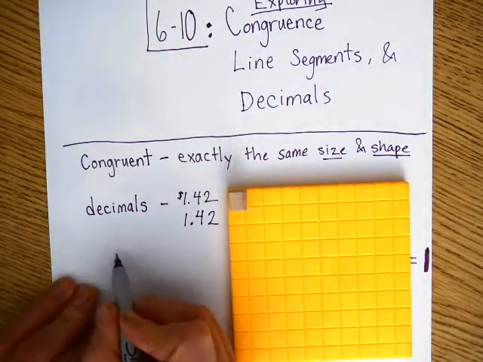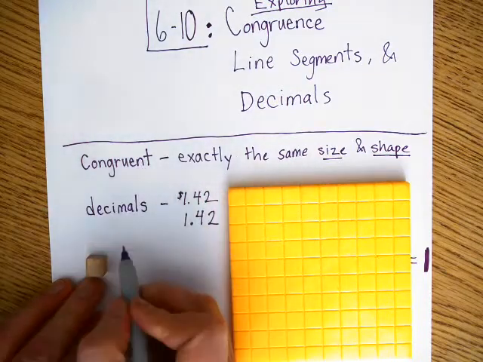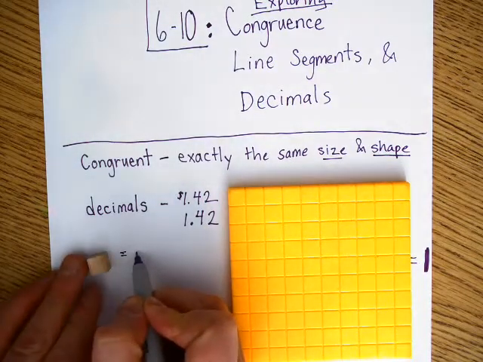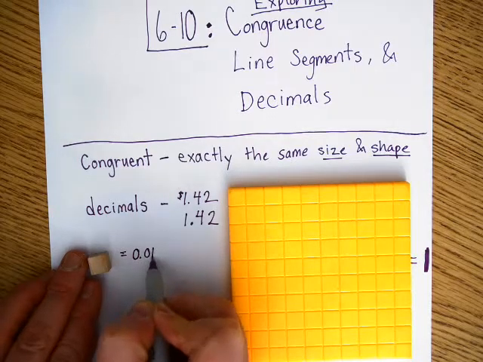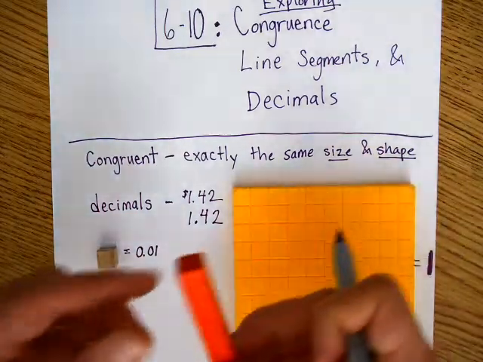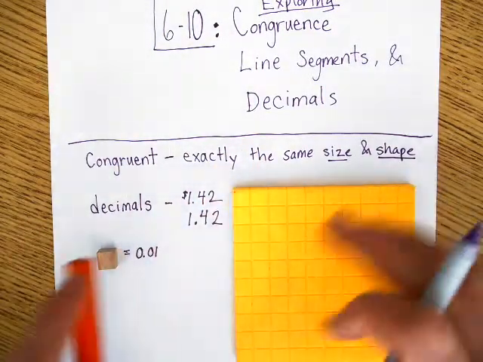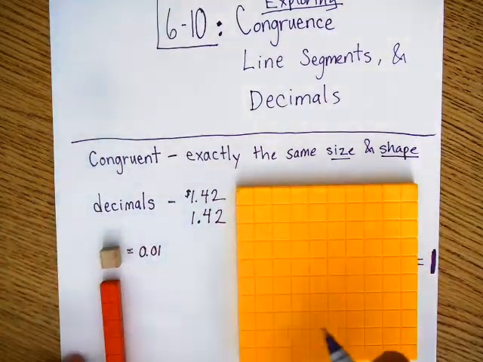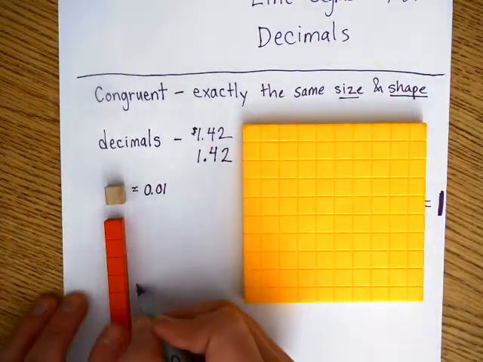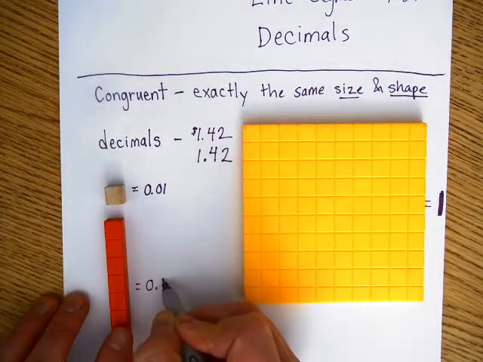So a cube equals 1/100th. And then we also have longs that we've talked about, which are 10. So this is a 10th. Okay, so a long is going to equal a 10th here.